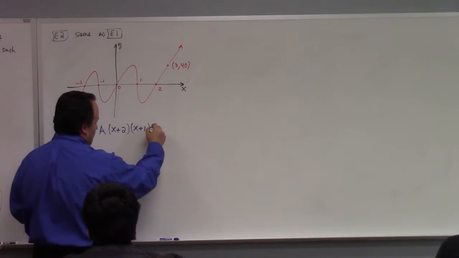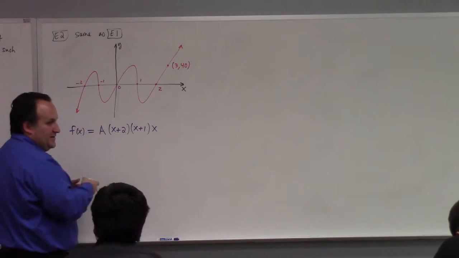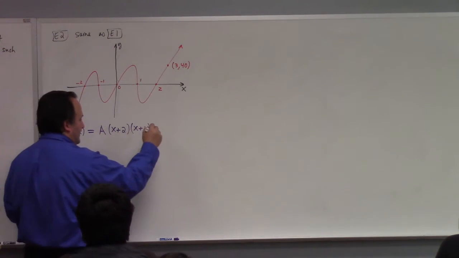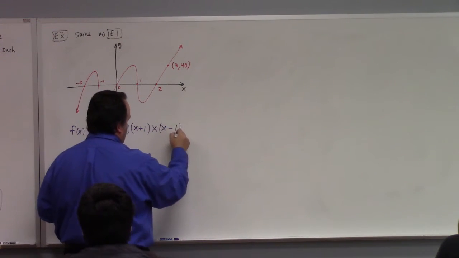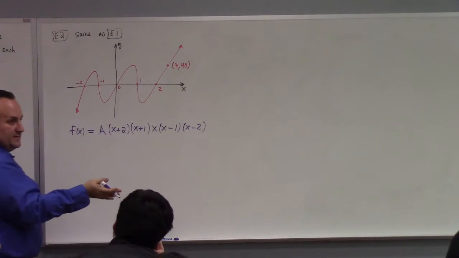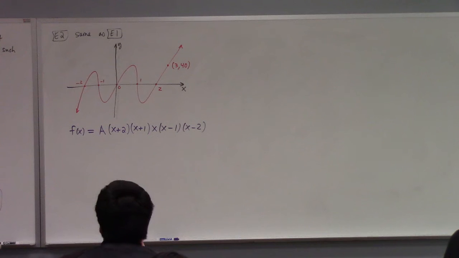Yeah, just put x. If you want, you can put x minus 0 to make it look the same, but it's just x. And then I heard an x minus 1, then x minus 2. Now, why no squares? There's no bounces here, so no squares.